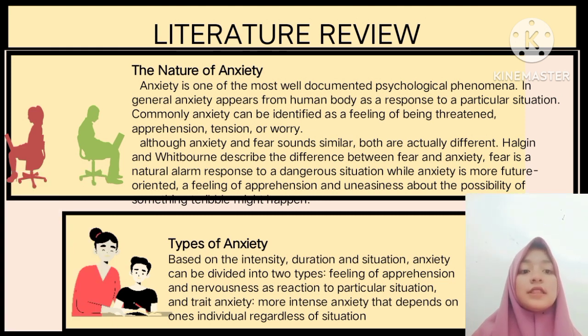Okay, types of anxiety based on intensity, duration, and situation. Anxiety can be divided into two types: state anxiety, a feeling of apprehension and nervousness as a reaction to a particular situation, and trait anxiety, a more intense anxiety that depends on one's individual nature regardless of situation.